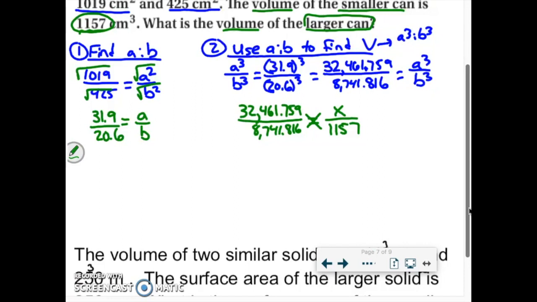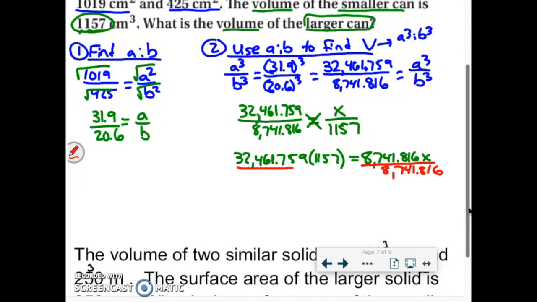So we're going to take that 32,461.759, and we're going to multiply that by 1157. We're going to set that equal to 8,741.816 times X. All right, on the left-hand side, we're multiplying, and then we are going to divide by 8,741.816. So I'm just going to do that in one step so we can do the calculator step all at once.